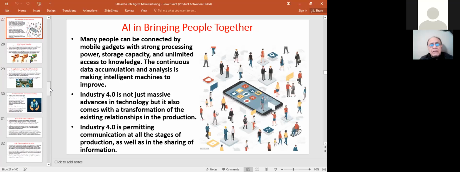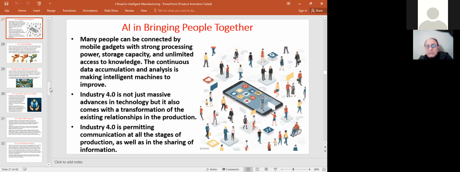Many people are connected together now. In this Industry 4.0 stage, people are connected together. We don't realize the power of how connectivity can get great jobs done on the system level, simply because people are connected, well informed, and aware.